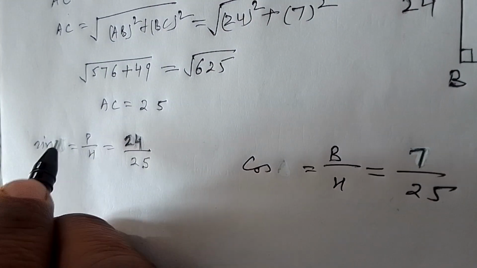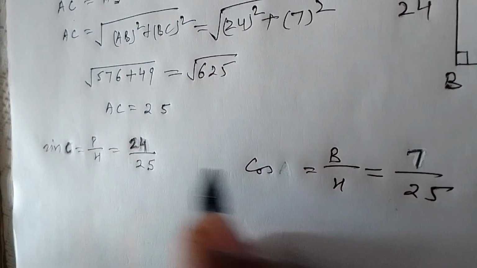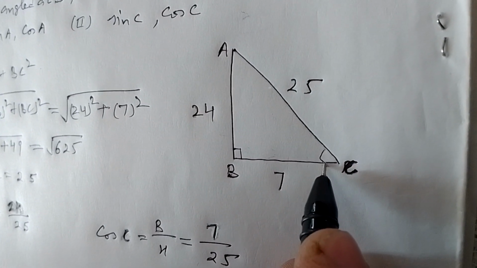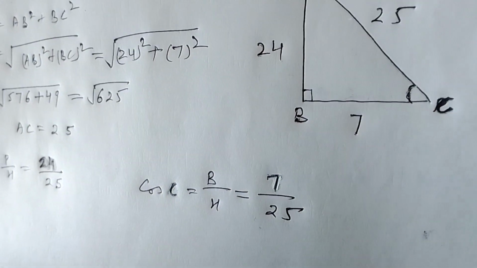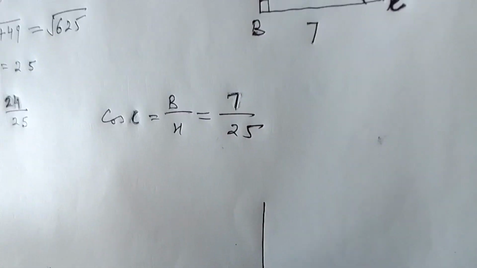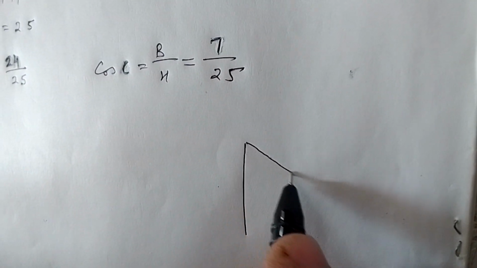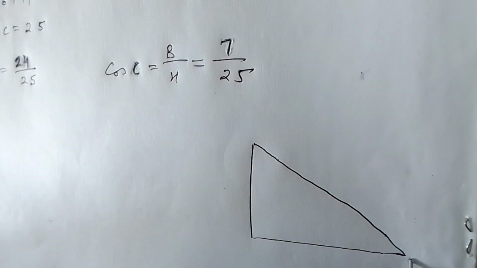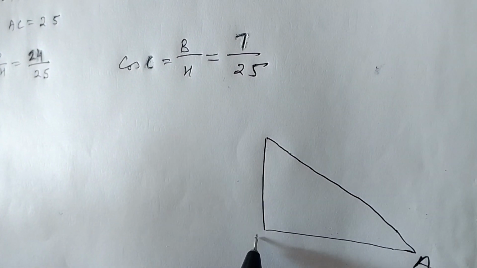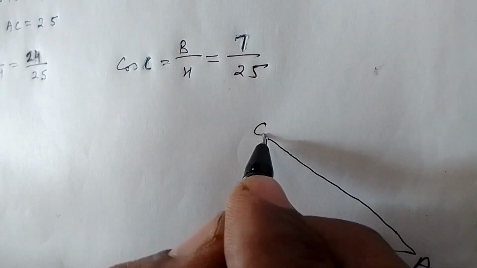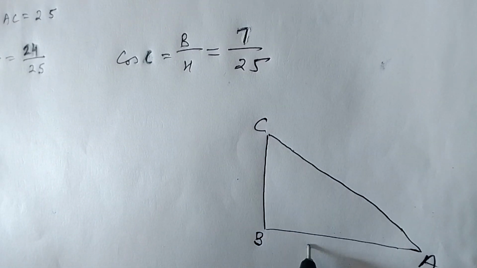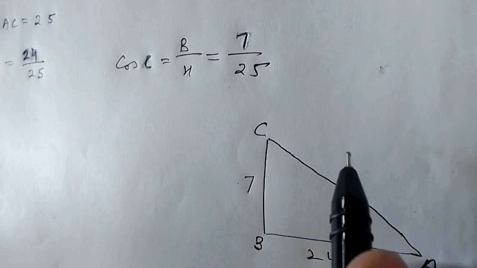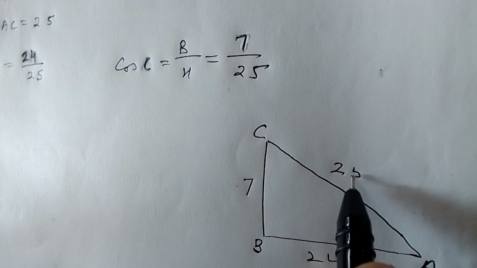Now instead of sin A, we want sin C and cos C, because this is the angle C. In order to calculate this, we will use this triangle or invert this triangle, with angle C here, B 90 degree, A this. Then AB side 24 comes here, which becomes the base, BC side becomes perpendicular, and hypotenuse remains the same.